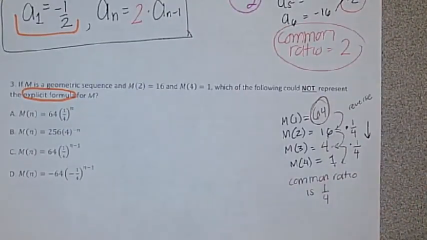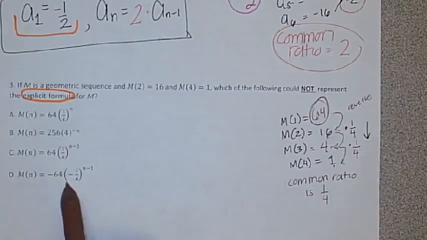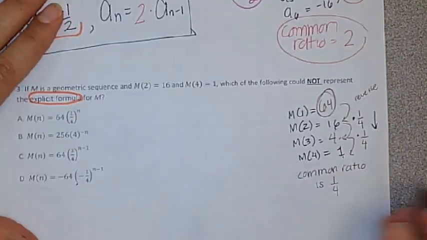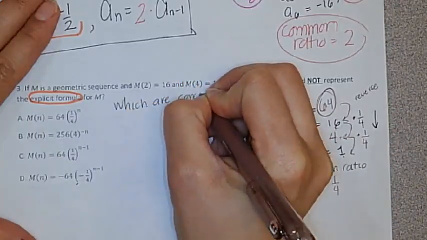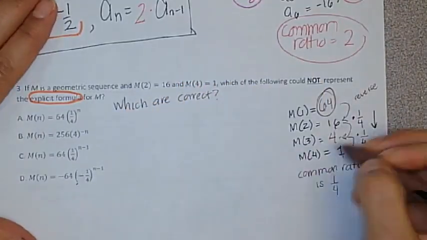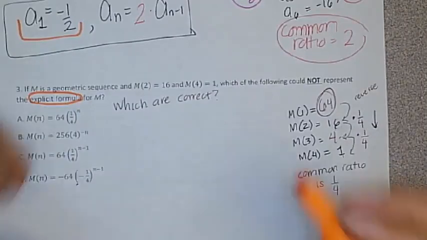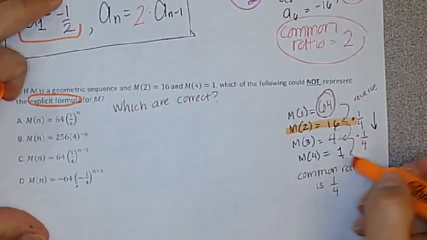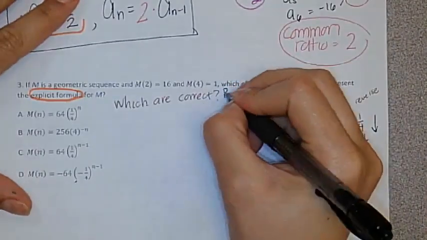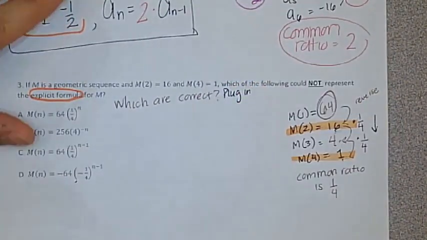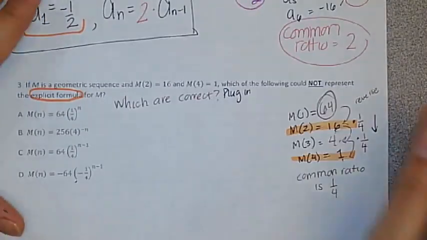Okay? Now, in order for me to know which are correct, I'll have to plug in the ones that I already know. I already know for sure these two, right? So I can plug in, and then I can figure out which works.